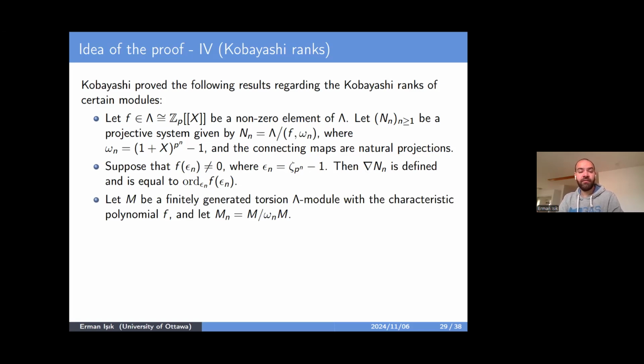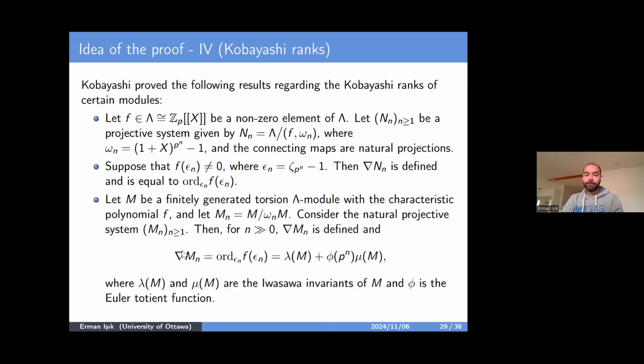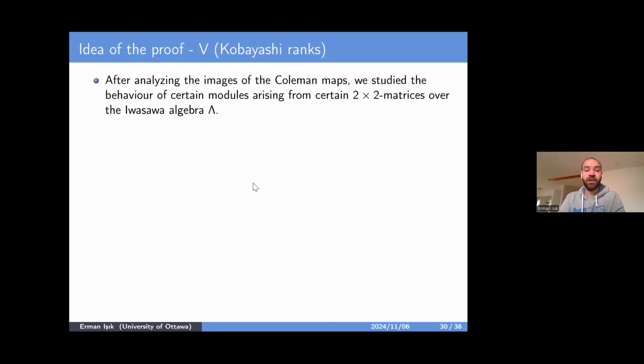Further, if we have a finitely generated torsion Lambda module, hence we have the characteristic polynomial, and we can define the projective system again, then the Kobayashi rank of M_n is this, and also this can be explained in terms of the Iwasawa invariants.